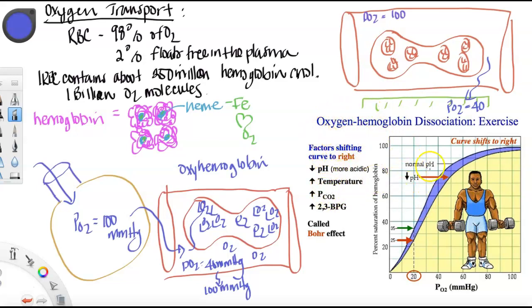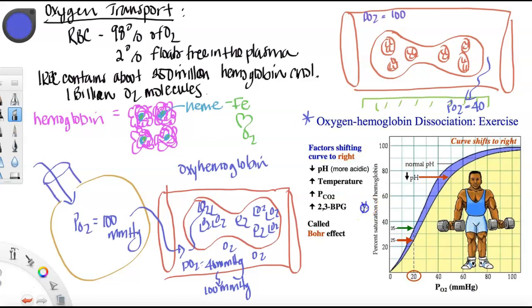So in this picture that I have here, this is something called the oxygen hemoglobin dissociation curve. The black part of the curve is normal. That's the normal curve of hemoglobin and oxygen bound to it.